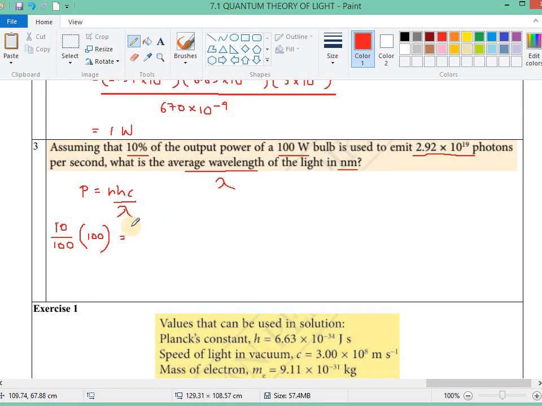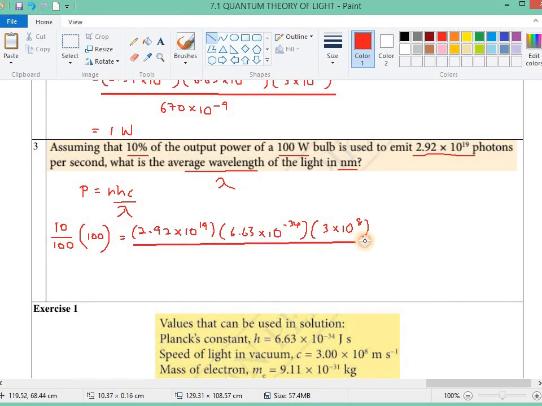n is the number of photons per second, so 2.92 times 10 to the power of 19. h is the Planck constant, 6.63 times 10 to the power of negative 34. The speed of light is 3 times 10 to the power of 8. The wavelength is the one we are looking for.